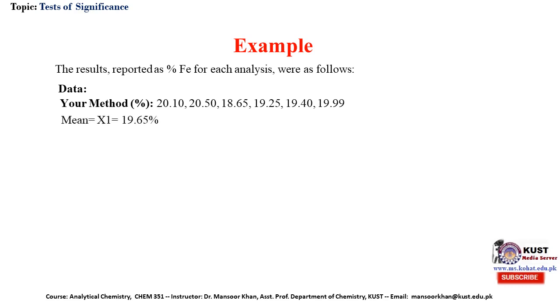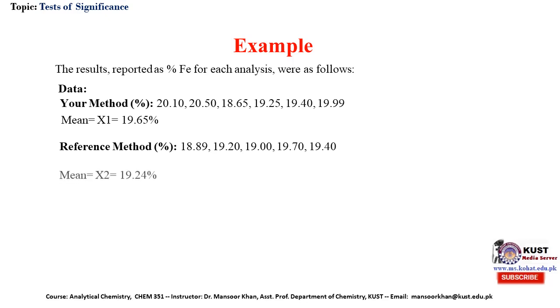Here the mean of the result is equal to 19.65. The reference method results are 18.89, 19.20, 19.00, 19.70 and 19.40. The mean of the result is equal to 19.24.